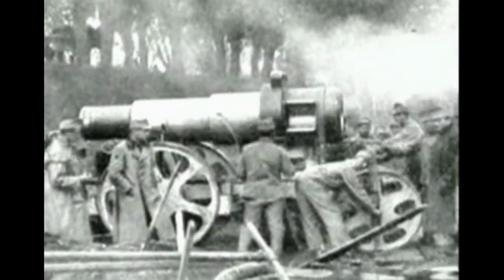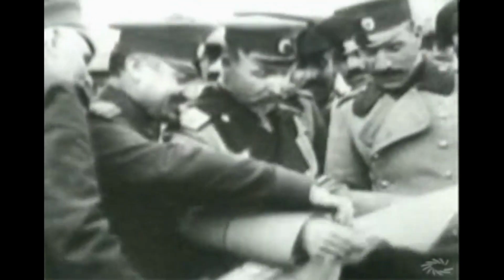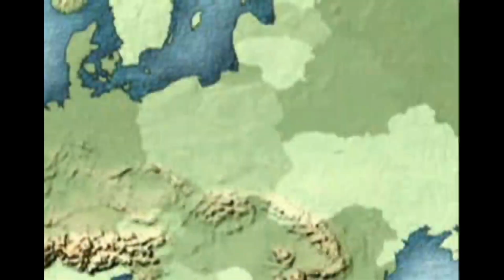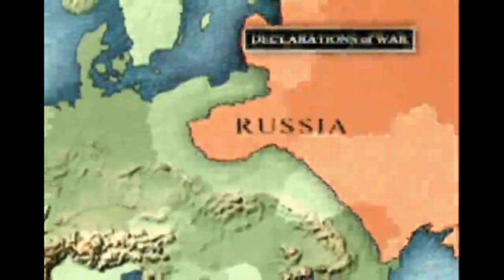1 month later, Austria-Hungary declared war against Serbia. If it weren't for the military alliances, it might have been a relatively small, localized conflict. Instead, one nation after another was pulled into the fight due to their treaties of support. In order to aid its Serbian allies, Russia mobilized its armed forces.